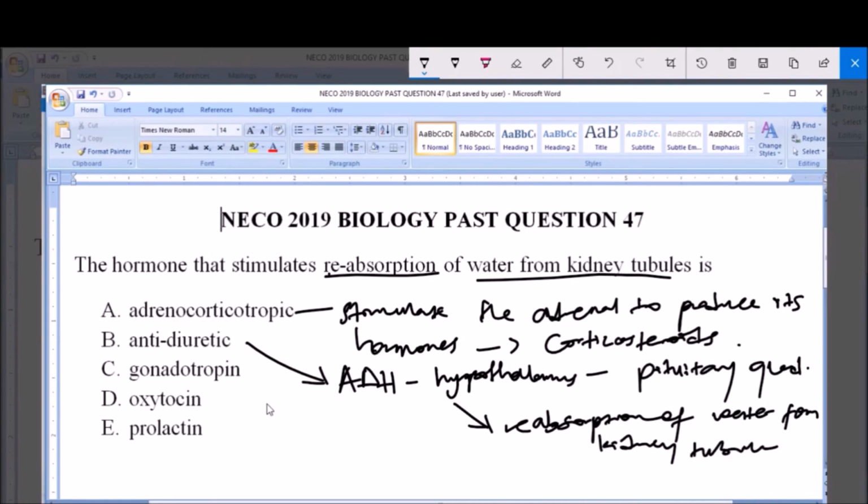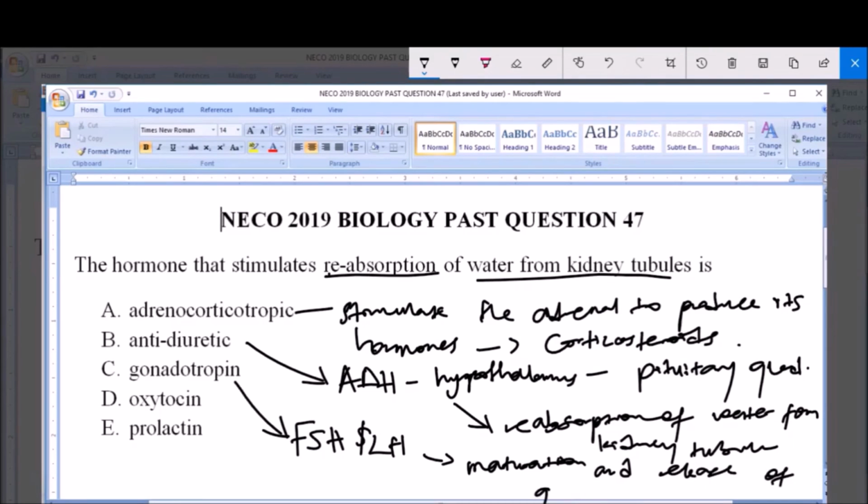Now option C is gonadotropin hormone. This gonadotropin hormone includes the FSH, that's the follicle stimulating hormone, and the LH, the luteinizing hormone. These two hormones are concerned with the maturation and release of gonads. Now option D says oxytocin.